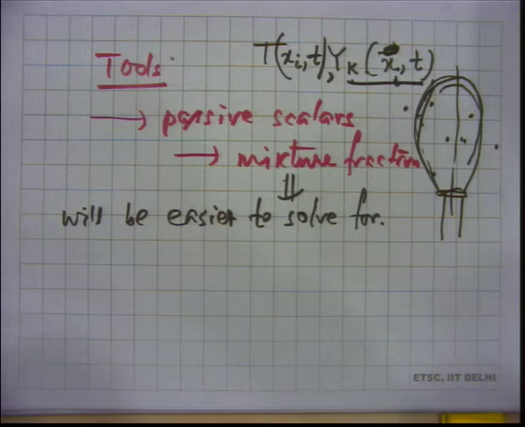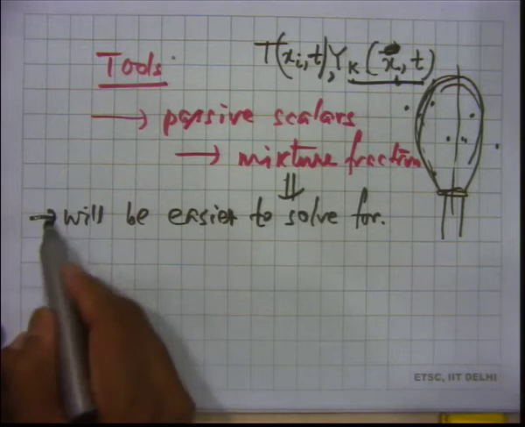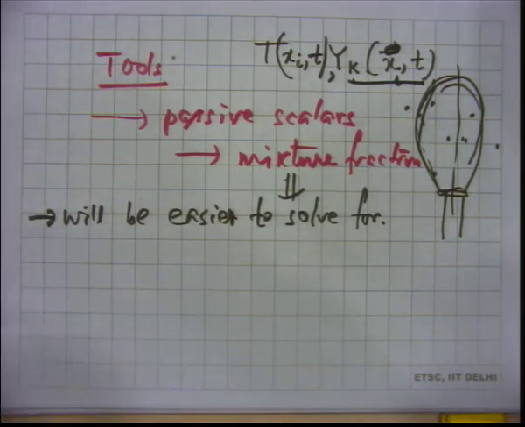That is, we have got something called mixture fraction. Okay. And this mixture fraction, what I am saying is that mixture fraction will be easier to solve for. Solve for means we can get mixture fraction as a function of position and time. By solving for, that is what I mean.